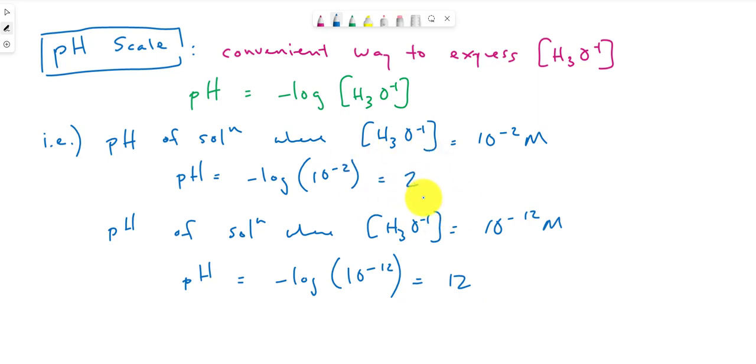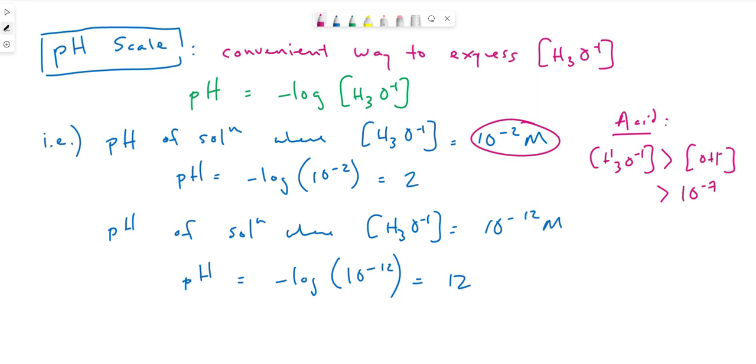And so if we think back to the previous video, I mentioned that you have acidic solutions. Acidic is a condition where the concentration of the hydronium ion is greater than the hydroxide ion concentration, which implicitly is 10 to the minus 7. So really, that's anytime it's greater than 10 to the minus 7. And in this case we have 10 to the minus 2, or a pH of 2.